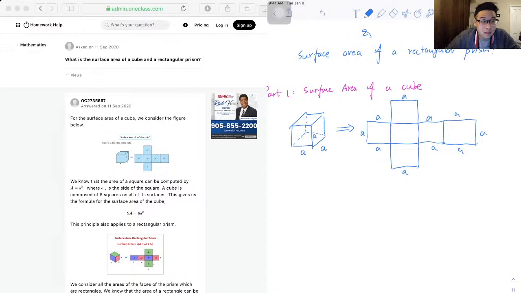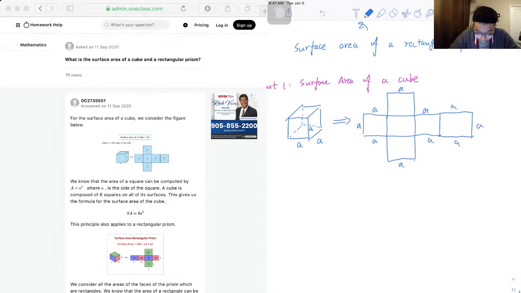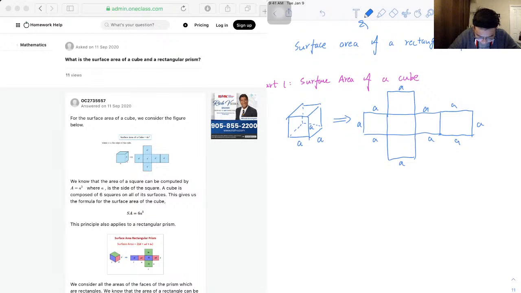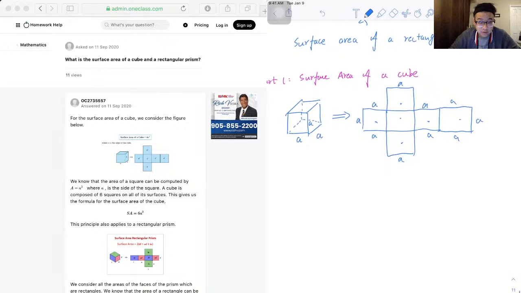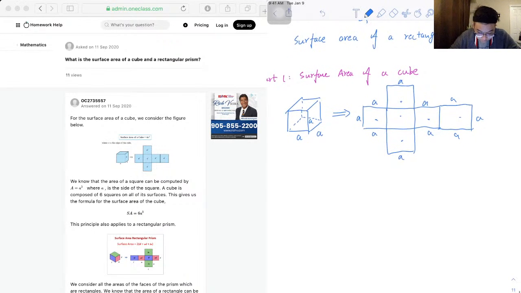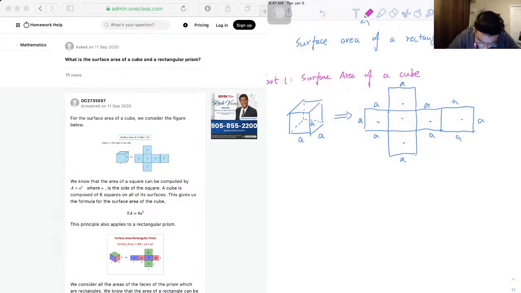At this time, if we want to calculate the area of it, it's equal to the summation of 1, 2, 3, 4, 5, 6 squares. The surface area of each individual square is length times width, which is just going to be a squared. And since it's a cube, all of its surfaces share the same area, so this is still going to be a squared, a squared, a squared, a squared, and a squared.